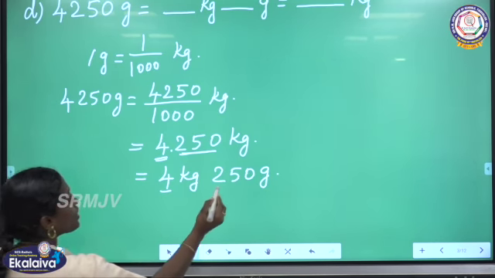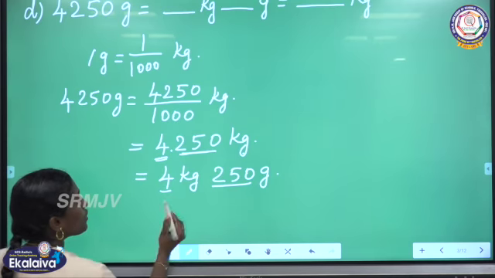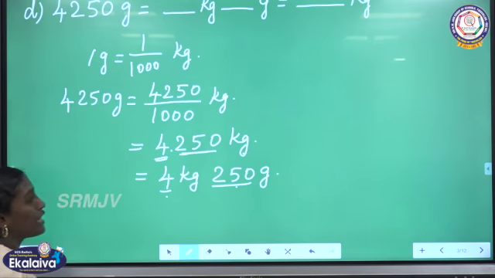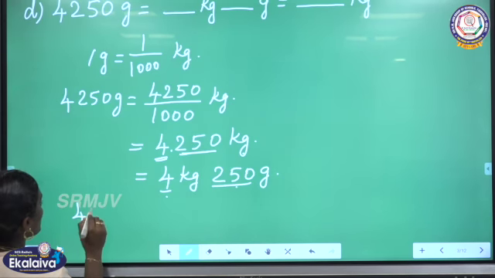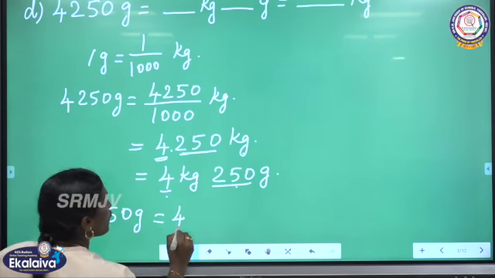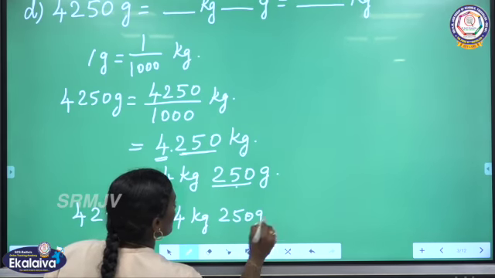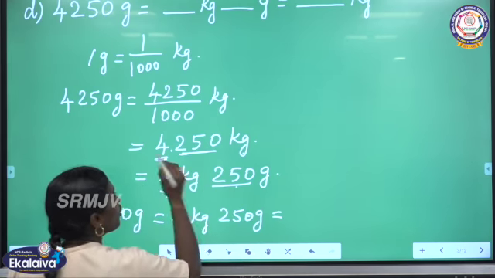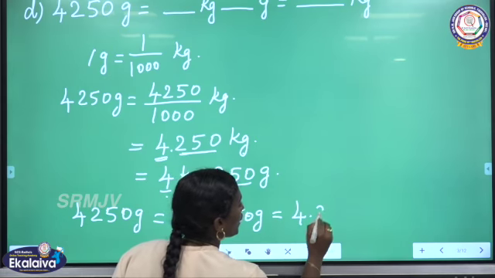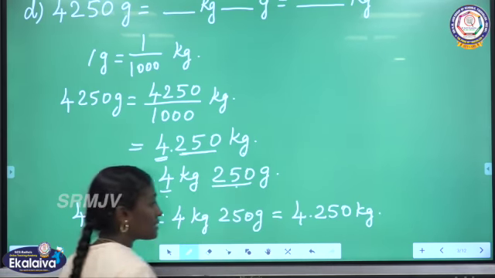So 4 kilogram and 250 gram. First we got the answer in kilogram. From that we wrote the answer in kilogram and gram. So 4250 gram is equal to 4 kilogram and 250 gram, which is equal to in kilogram, that is 4.250 kilogram. Is it clear, children?